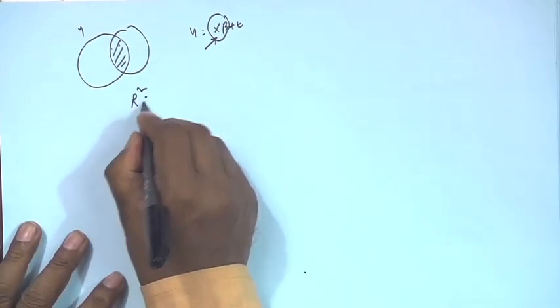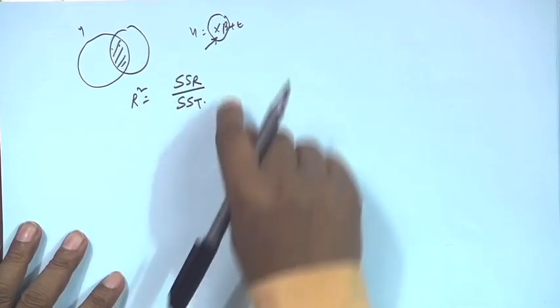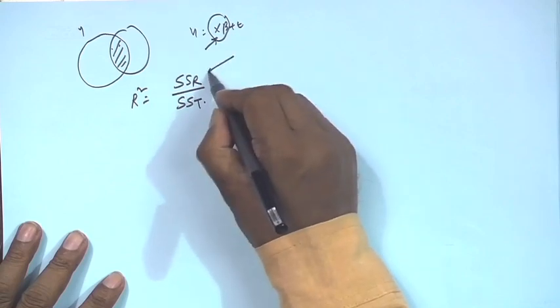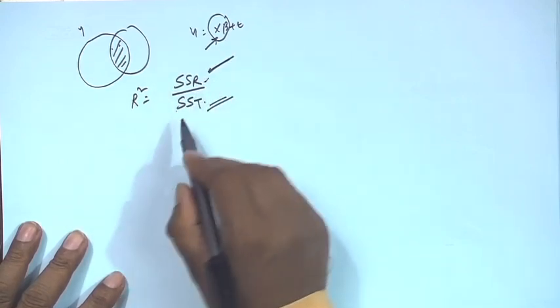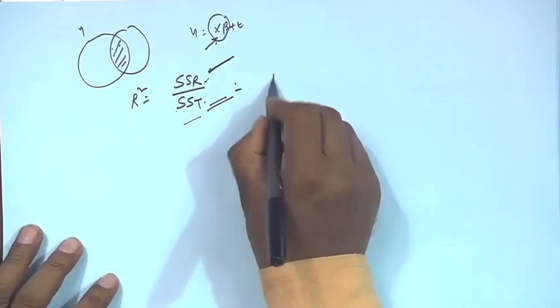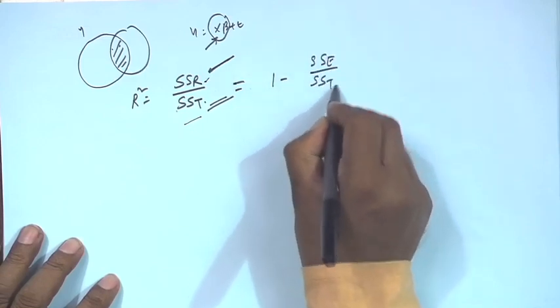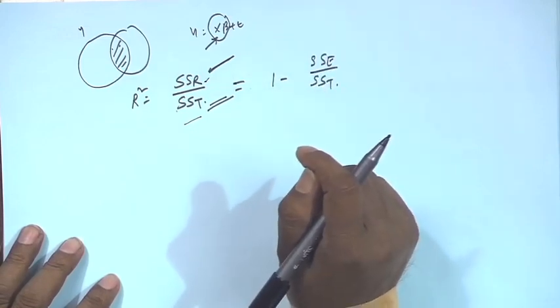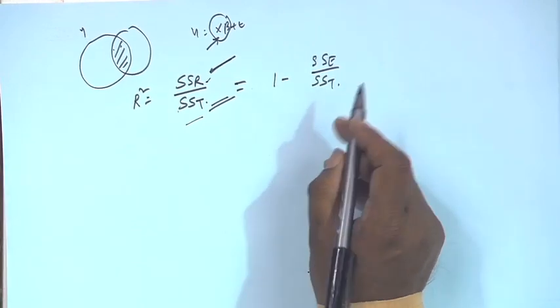So R square is SSR by SST, that means the variability of y explained by the model over the total variability of y. This can also be written as 1 minus SSE by SST. What is the problem here?